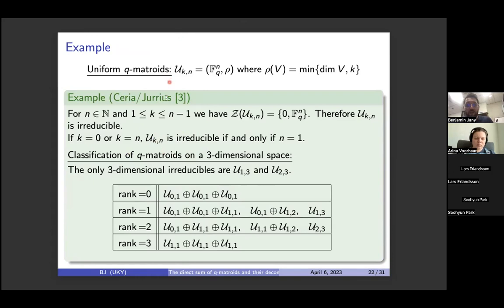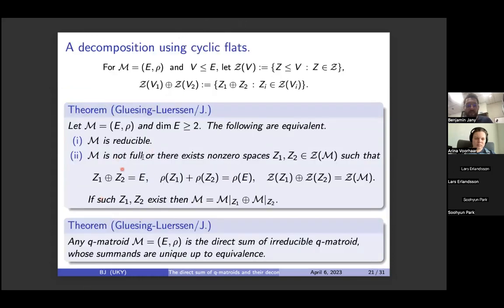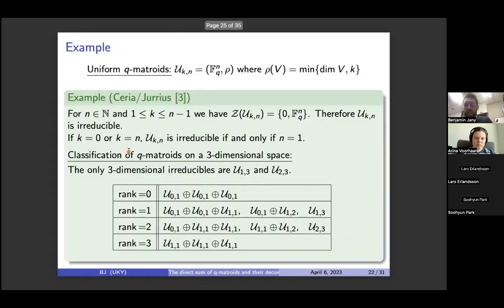So using this previous criteria for reducibility and irreducibility, we can show that all uniform q-matroids that have rank between 1 and n-1, where n is the dimension of the ground space, are irreducible, because the only cyclic flats of those uniform q-matroids will always be 0 and the entire space. So there's no way to break those down even more, right?